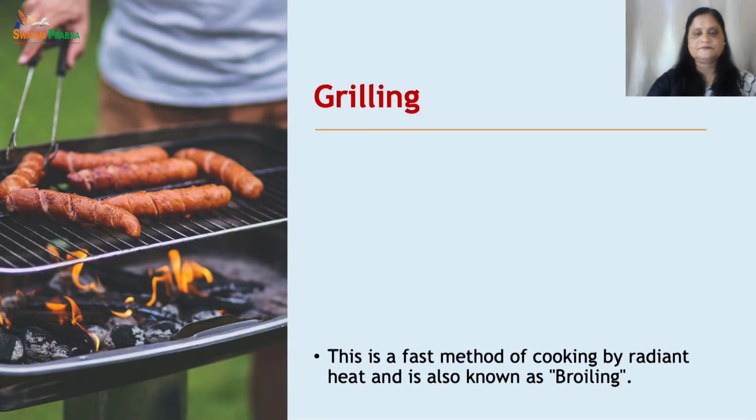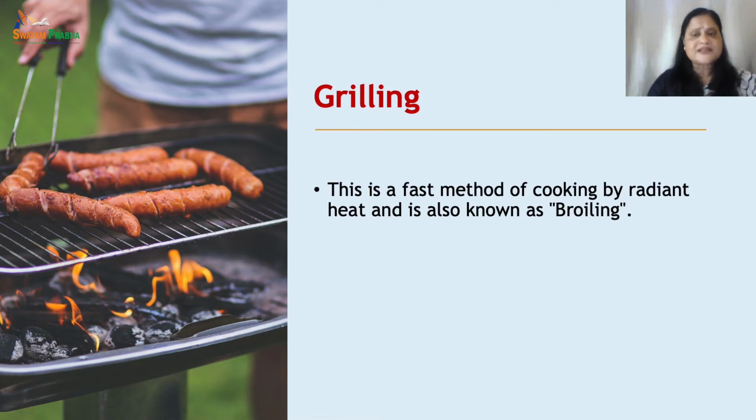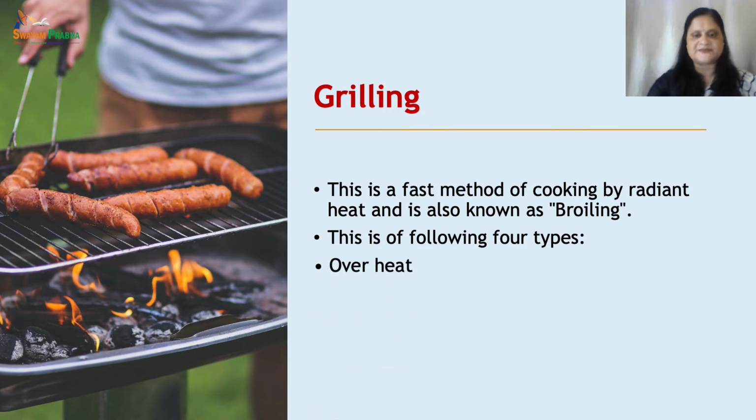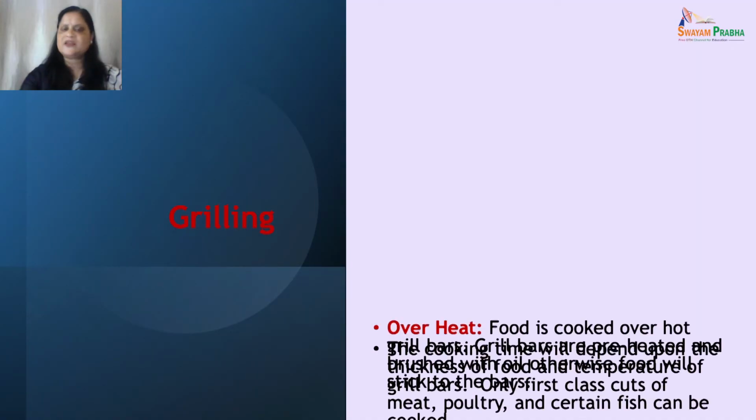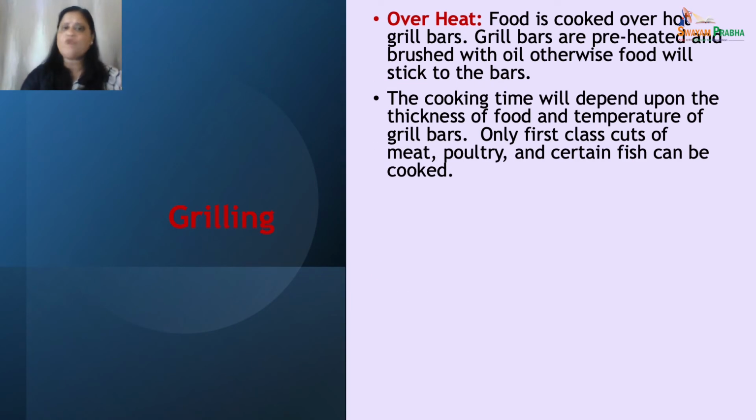Grilling. This is a fast method of cooking by radiant heat and is also known as broiling. This is of the following four types: overheat, underheat, between heat, and barbecuing. Let us learn grilling. Overheat.